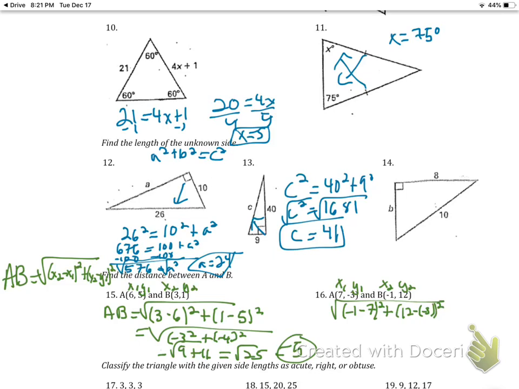So negative 1 minus 7 is going to be a negative 8 squared. And then negative 12 minus a negative 3 makes that a positive. So 12 plus 3 is 15 squared. That gives me a total of 289. If I square root that, I get 17. Okay, double check my math there. See you on the next page.